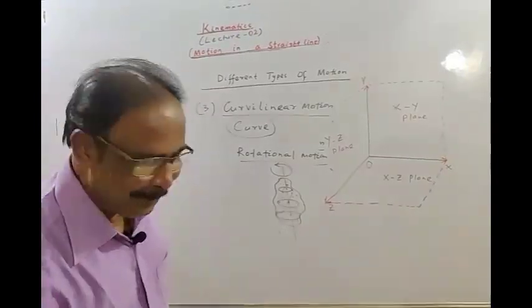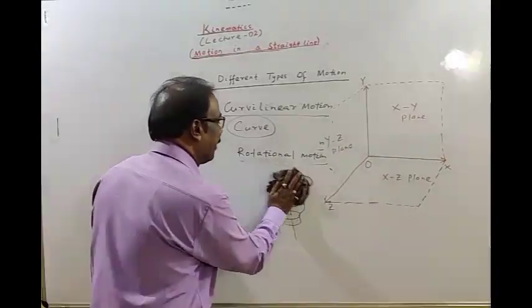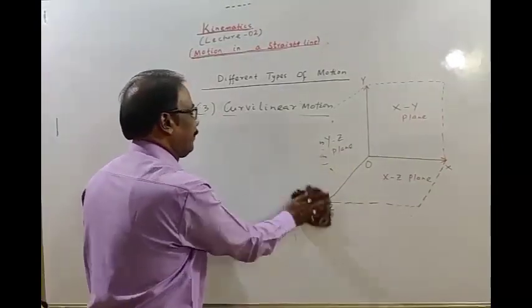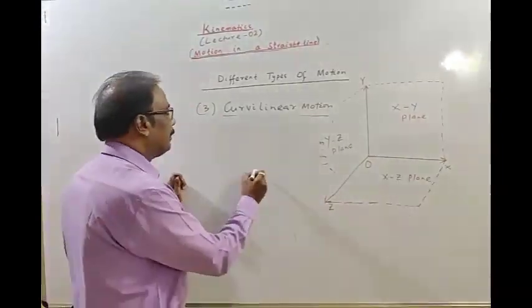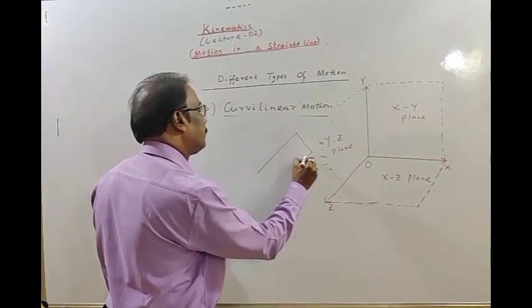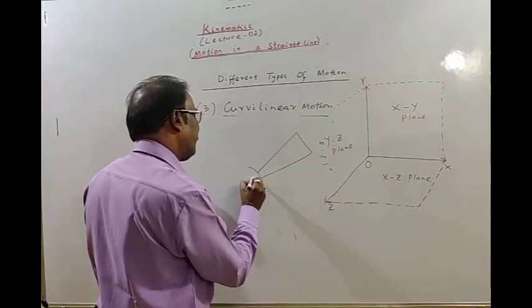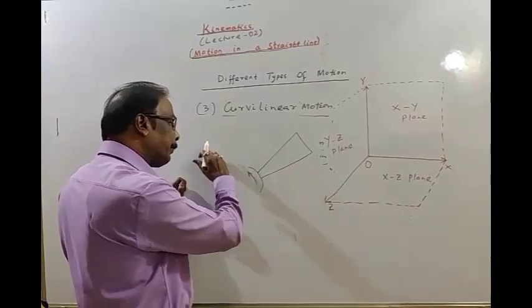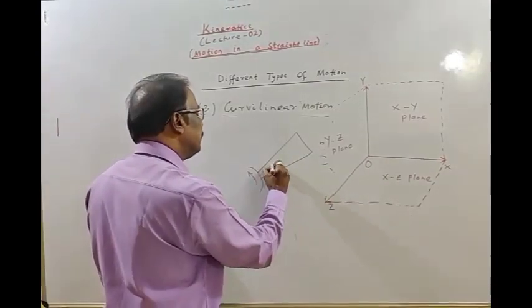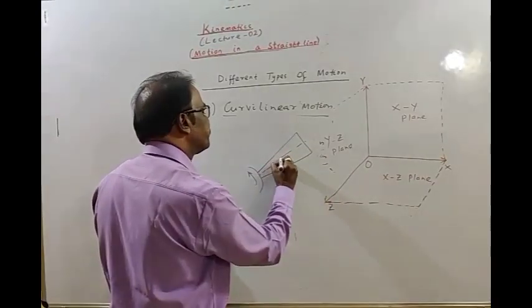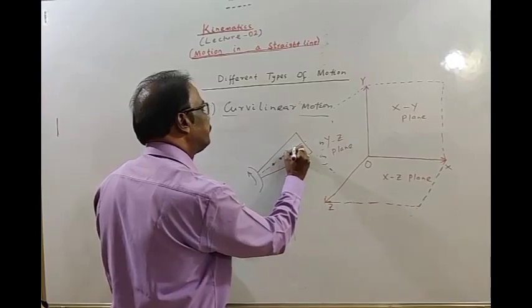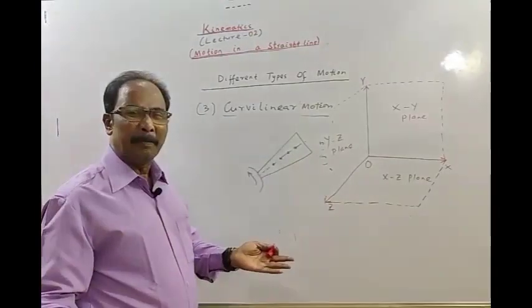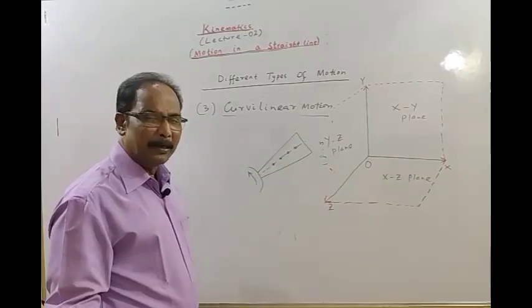Let's consider one of the blades of the fan, rotating anti-clockwise, and let's consider four points on the blade.